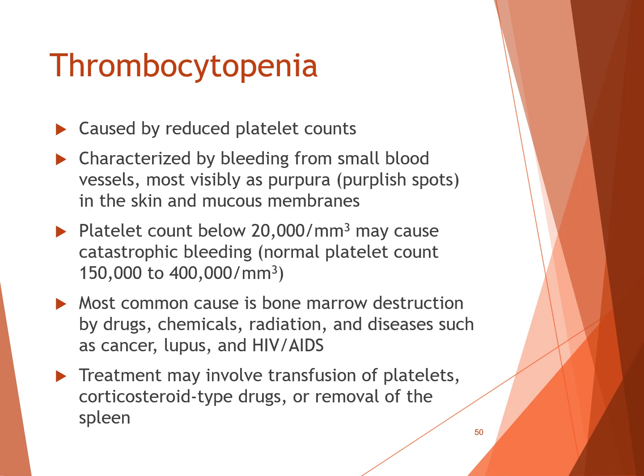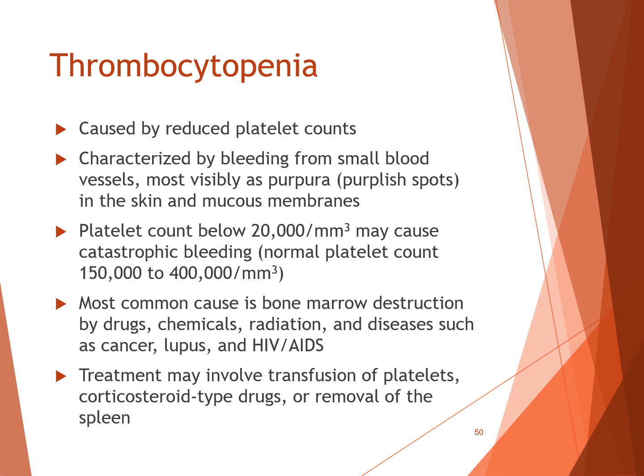And another sign is, like I said, a reduced platelet count below 20,000 per cubic millimeter, which could cause catastrophic bleeding, which you can imagine if we bring one of these patients into surgery, that could be a catastrophic event if it's something that isn't treated and something that we don't know about.